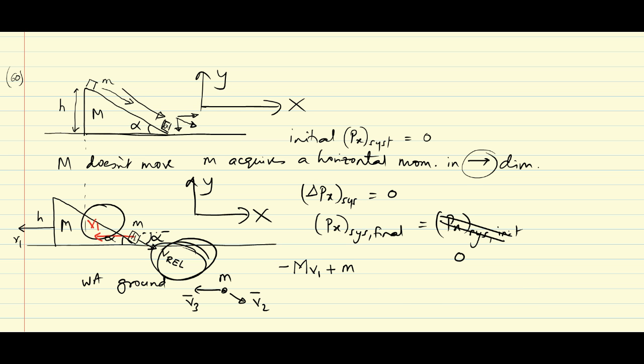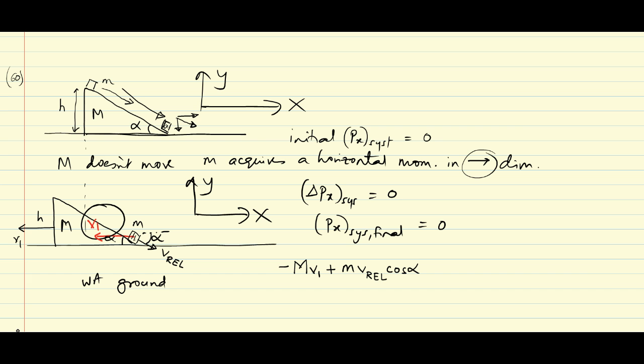So let's consider the inclined velocity v relative first. The momentum because of v relative in the x direction is going to be m times v relative, and I have to multiply by the cos of alpha because I'm considering the x component only, and it's positive because this momentum component is rightward.